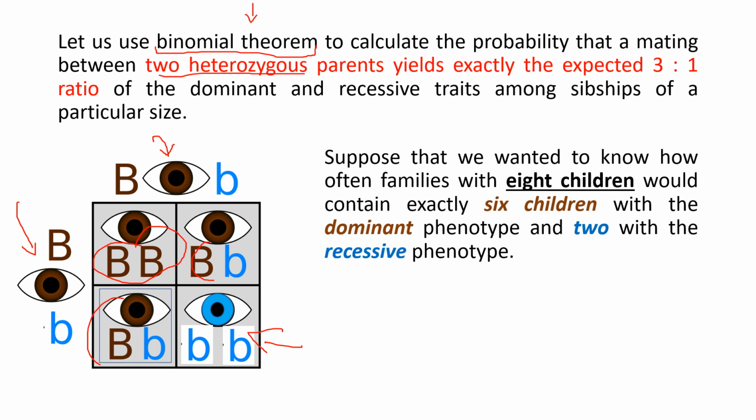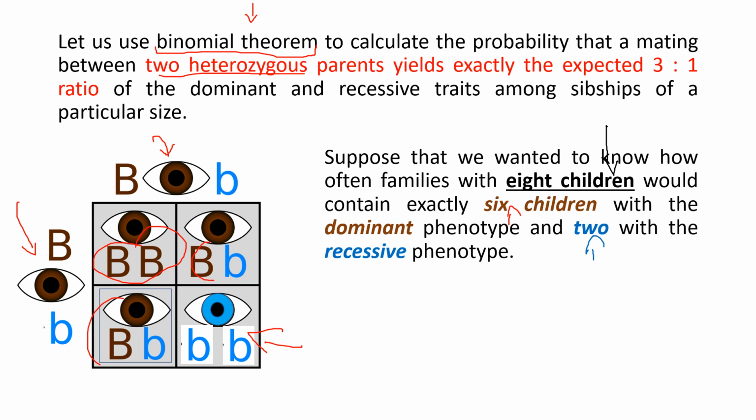But let's look at what else you need to know. Here they also give you these very important 8 children. This is the number of trials. They are telling you the probability of having 6 of them be dominant. So this will be 1 variable. And here they give you the other 2 will be recessive. So they give you already all the information. This that looks so complicated is actually really easy.